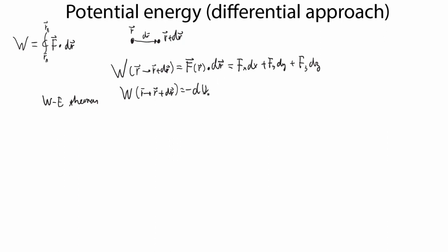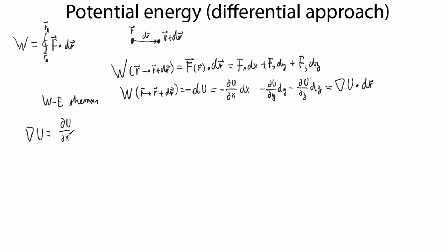Potential energy will depend on position, so we can use the chain rule, and you might recognize this as almost the gradient of U. In fact, what this is equal to is the gradient of U scalar dr.